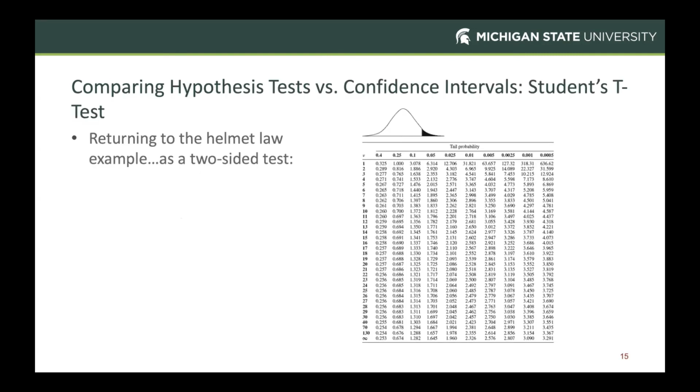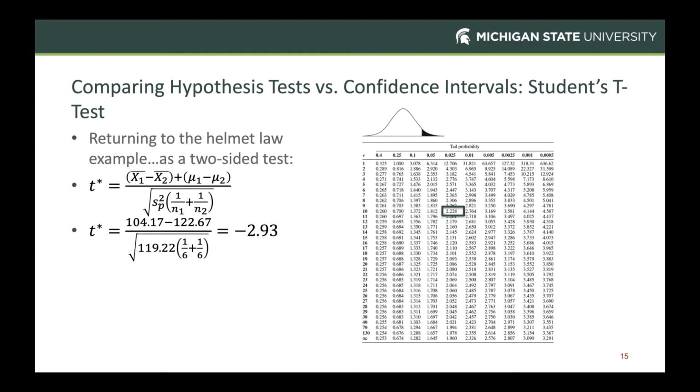And so we'll now work through a few additional examples using the same Helmet Law data we had introduced previously. So first of all, we'll work through student's t-test, just as we had previously. And so our test statistics are ultimately similar here. You'll notice a subtle difference because we've used a slightly larger analysis period here.